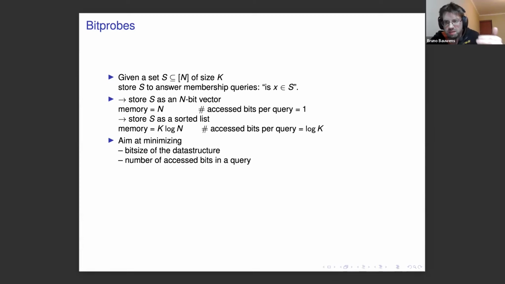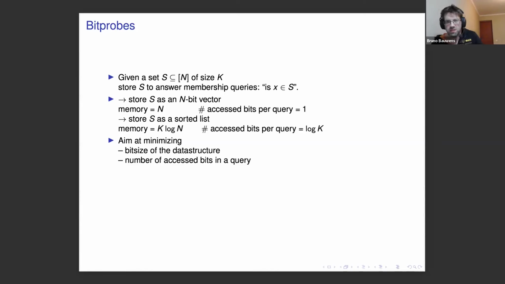We will use probabilistic query answers. And it's not the same as a Bloom filter, because here in our data structure, for each input, the answer should be correct with high probability. A Bloom filter stores not the exact set, but a superset. And then with some probability over the construction of the superset, the answer is correct for each x.